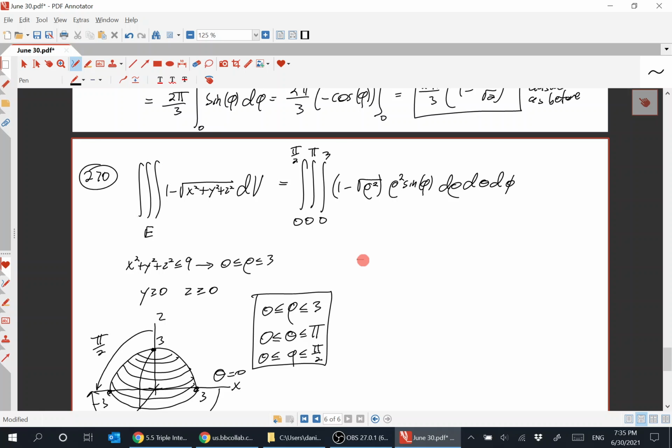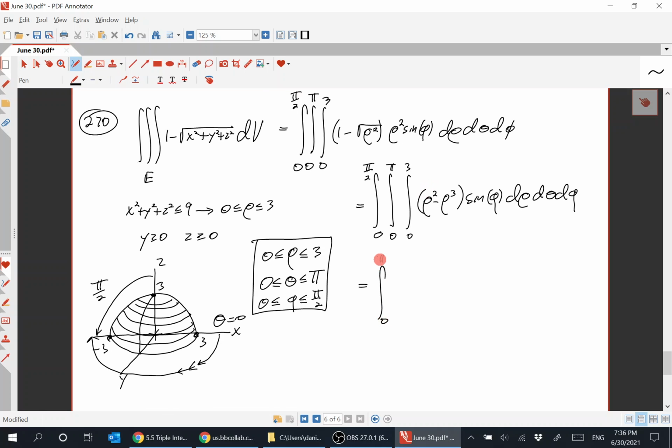All right, so let's clean up the expression a little bit. Phi is 0 to pi over 2, theta is 0 to pi, and then 0 to 3 for rho. So that's rho squared minus rho to the third, sine phi d rho d theta d phi.